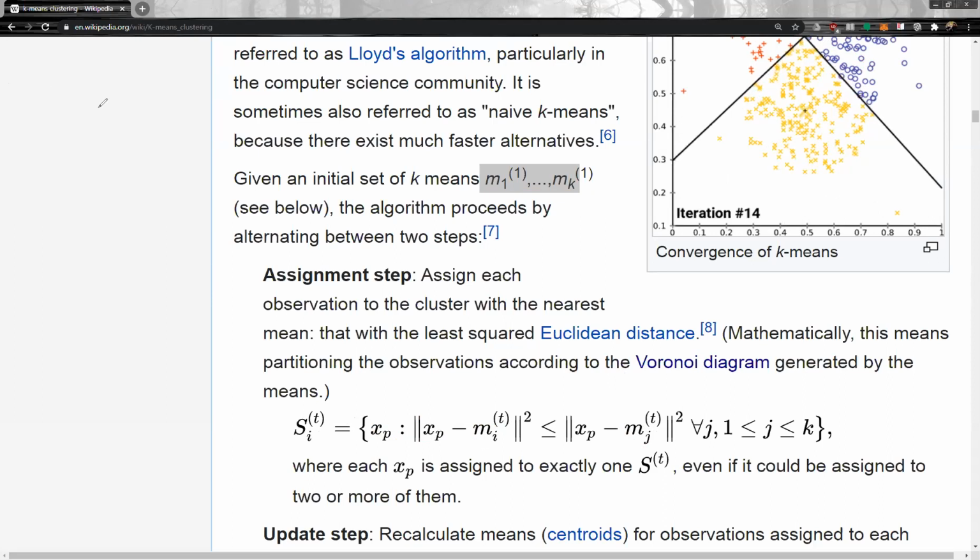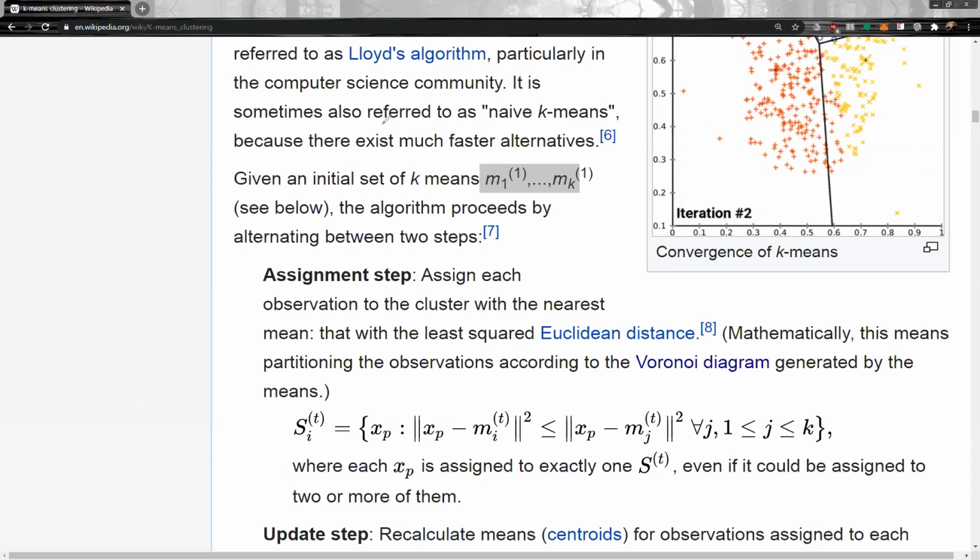If we have n number of data, we iterate from x1, x2, up to xn, measure the distance to each mean, and assign each point to its nearest cluster.